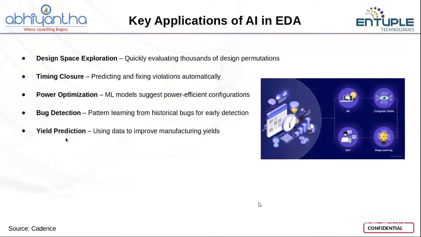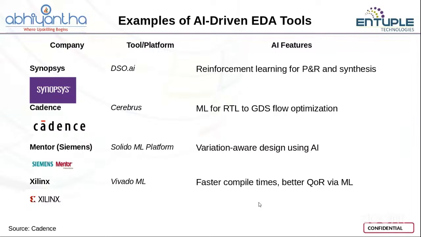Synopsys has used DSO.ai, an AI reinforcement learning tool for placement and routing (PNR) and synthesis, bringing automation and AI features into the place and route and synthesis process.